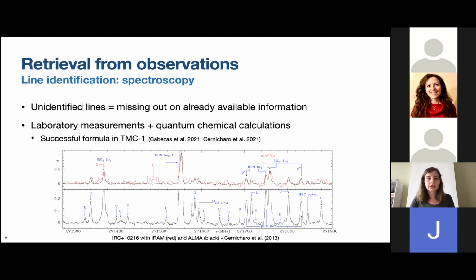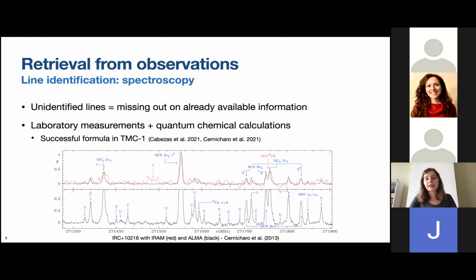The most straightforward example is line identification. We have terabytes upon terabytes of observations, and in almost all spectra, we still have some unidentified lines. This means that we are missing out on already available information. Now, if we were to talk to some laboratory chemists, spectroscopists, and some quantum chemists as well, we could identify those lines and identify new species.